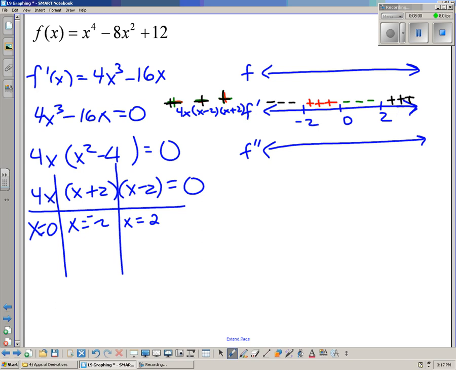We must also now fill in the number line for f double prime. So we will take f double prime. I'll just base it off of this f prime, which is 12x squared minus 16. So I will set this equal to 0.